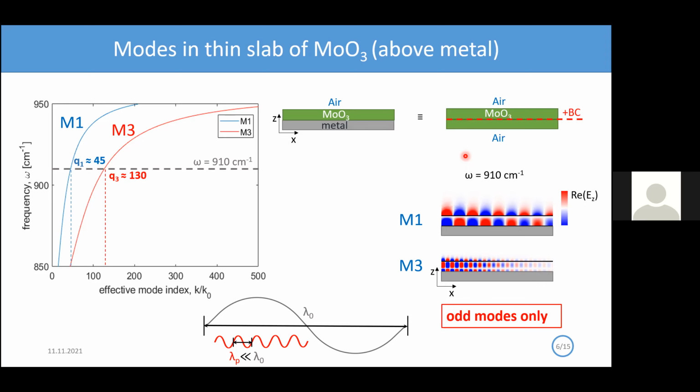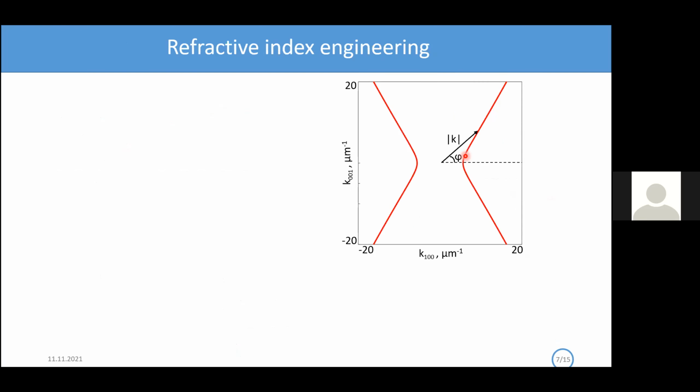Also, because of the boundary condition on the metal surface, in this system only odd modes will propagate. Note that the main aim of our work is to demonstrate how such modes can be excited and controlled.